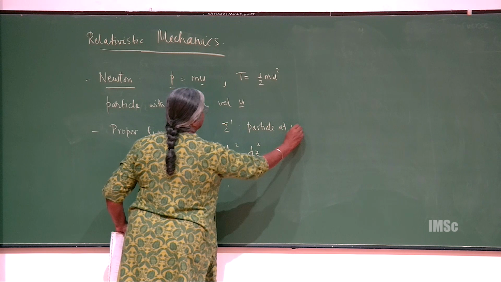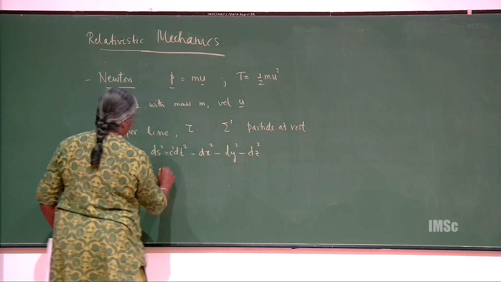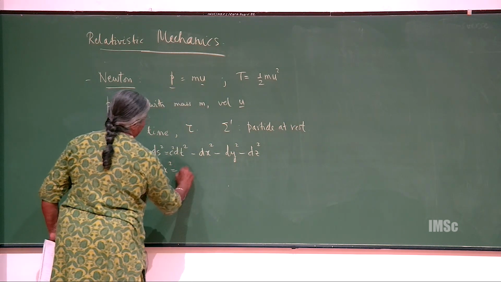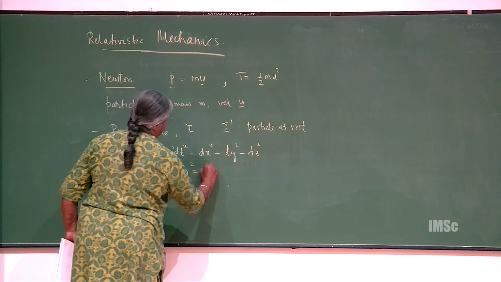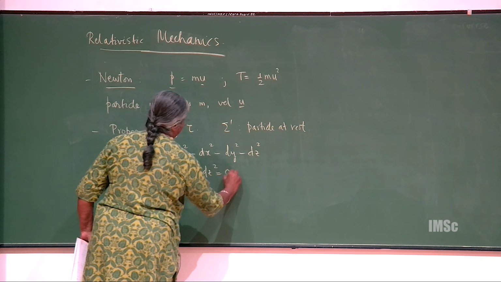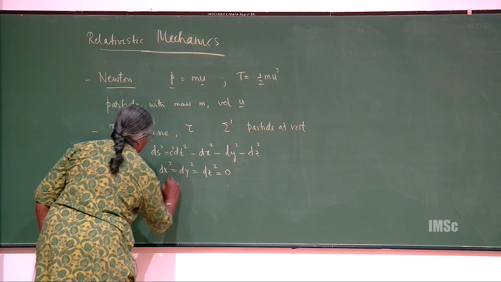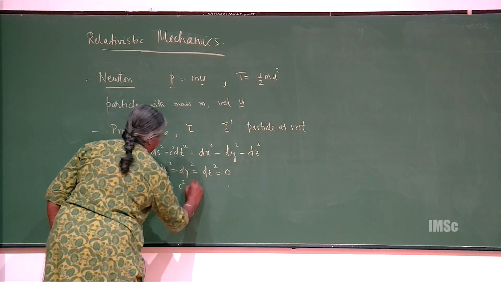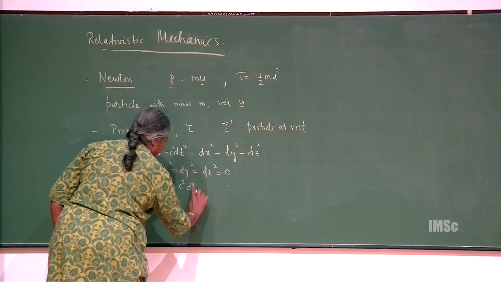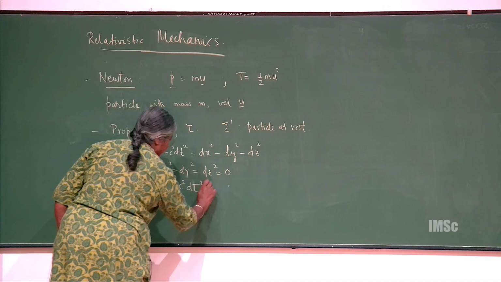Particle at rest means all these variations are 0. So dx squared equal to dy squared equal to dz squared equal to 0, which means ds squared equal to c squared dt squared. This is a very special time which is called tau.